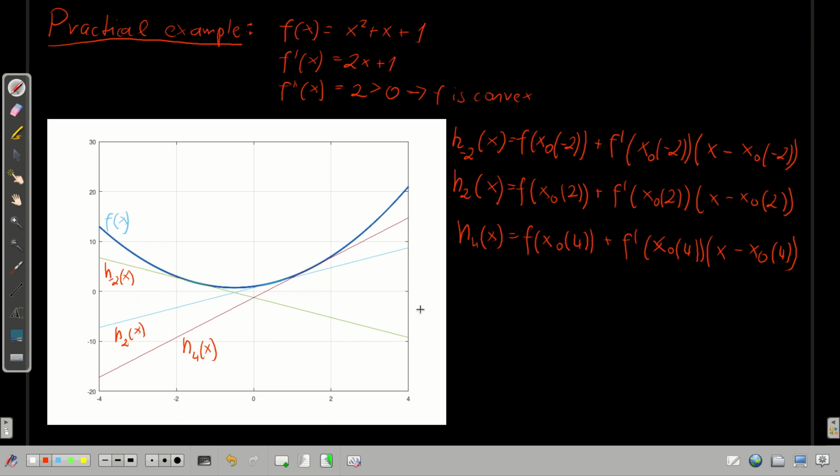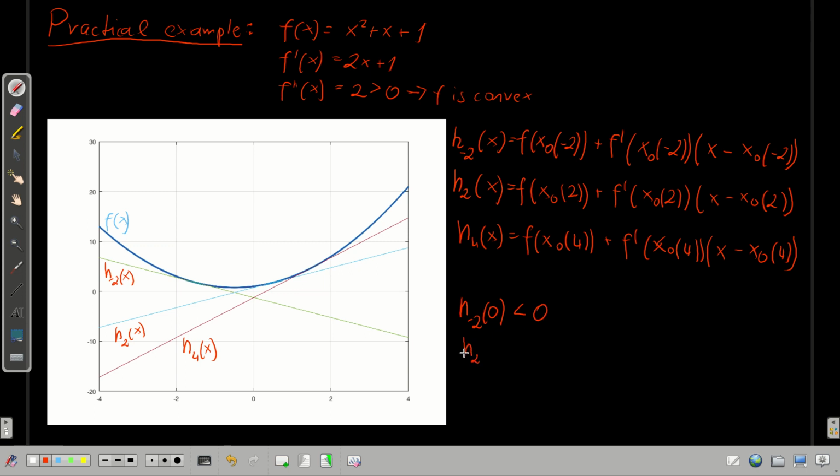So for this purpose, let's observe the y-intercepts of these functions. So h subscript -2 evaluated at the point 0, as you see here, look at the green line, is lower than 0.